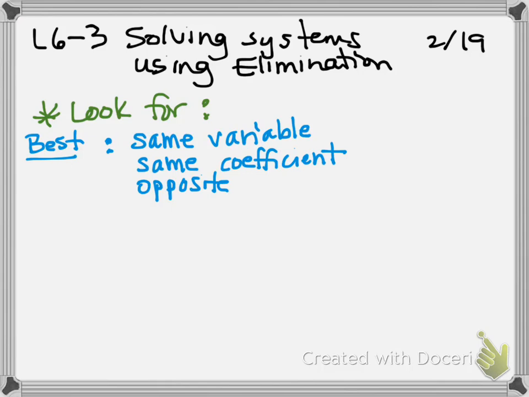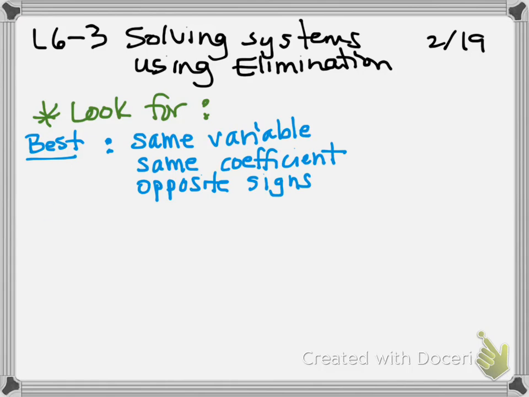What I'm talking about is the numerical value solely, and then we'll look at signs separately. If you have same variable with the same coefficient but opposite signs, I can now add my two equations together. Bam! I've eliminated that variable. It's pretty cool.